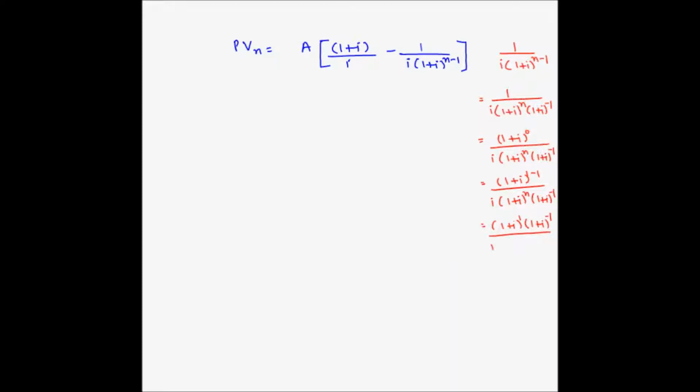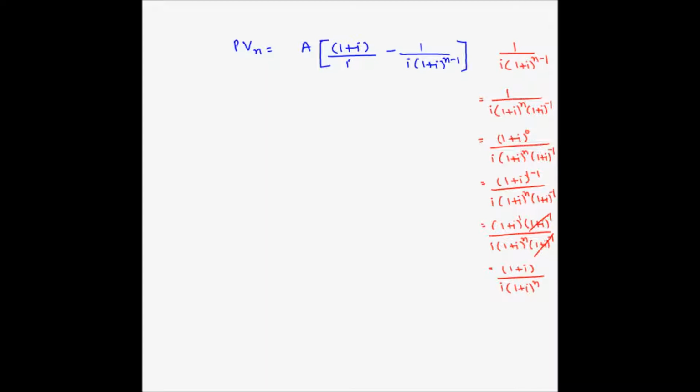And the denominator is I into 1 plus I to the power n into 1 plus I to the power minus 1. Now these two get cancelled. So this is equal to 1 plus I divided by I into 1 plus I to the power n.